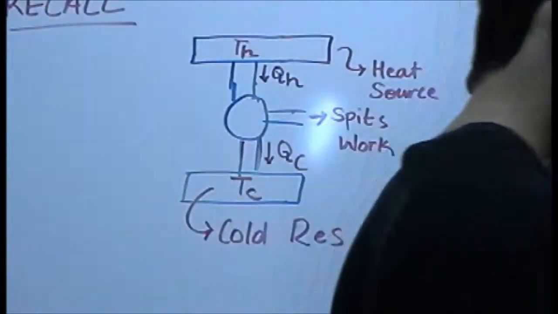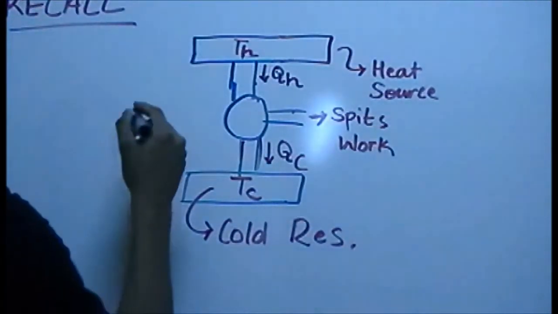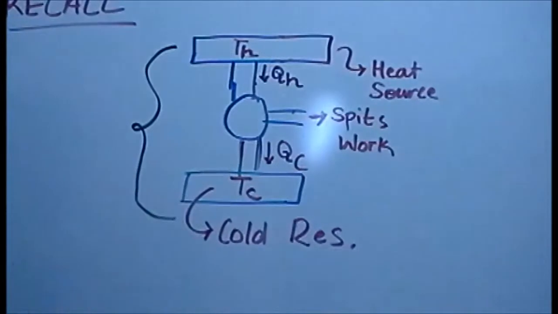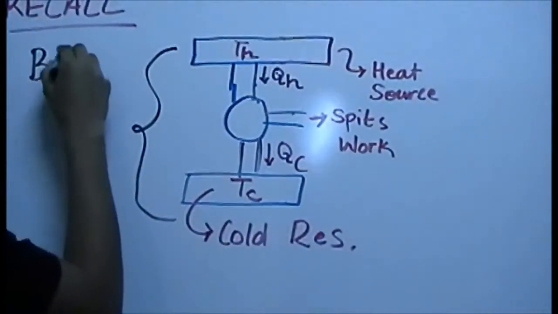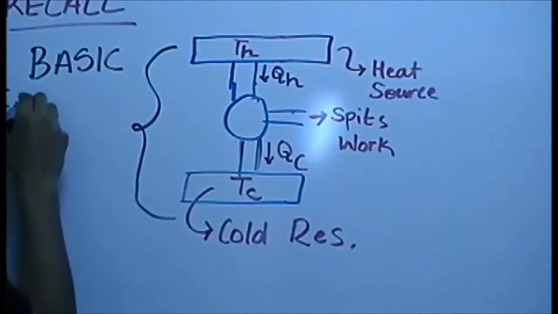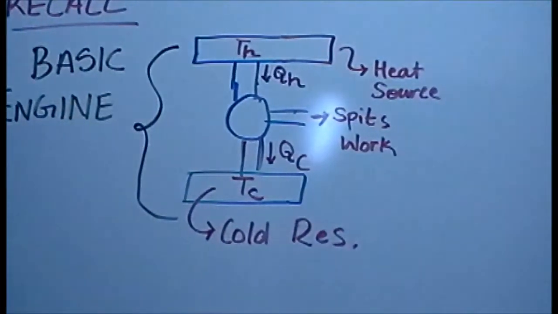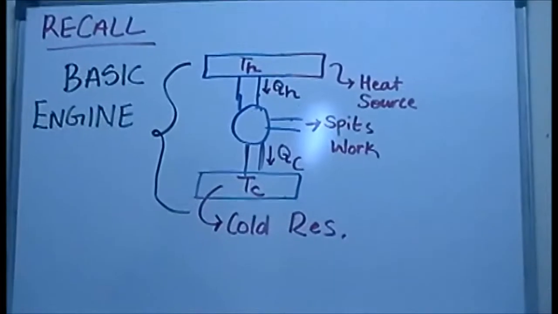Let me just label this. What we just did is recall this from the previous section, and this over here is the basic engine. If you can't see it, you will see it in a second.